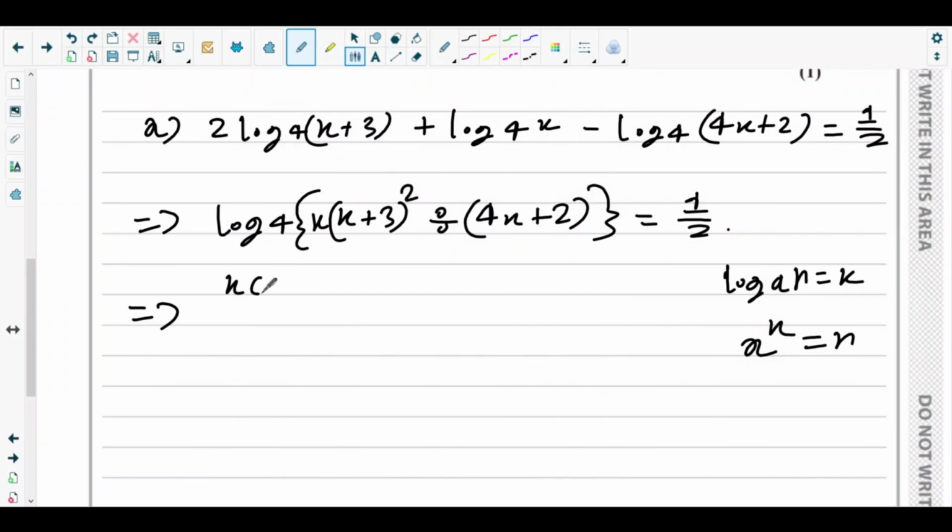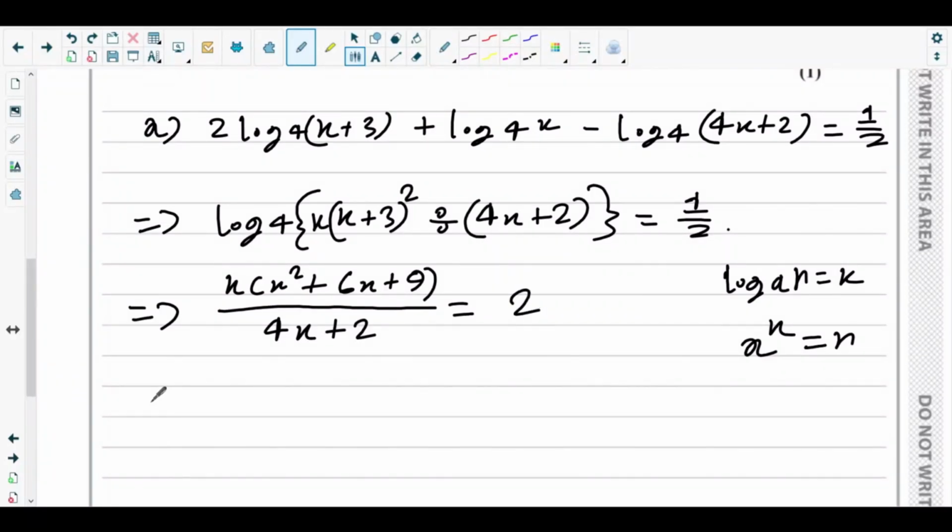So x times (x squared plus twice of x times 3, this is 6x, plus 9), over 4x plus 2, this equals 4 to the power half, a to the power x, isn't it? So 4 to the power half is 2. Okay, now cross multiply, so you'll get x cubed plus 6x squared. At first expand the bracket, multiply the bracket, and then cross multiply, so you'll get 8x plus 4.